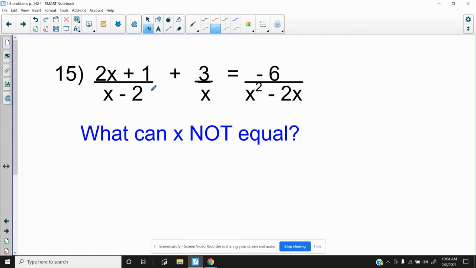We set each denominator equal to 0 to decide what x cannot equal. The reason we set it equal to 0 is because when x equals a certain value, this whole thing will equal 0. And remember, we can't have that. Notice that I've got x squared minus 2x.